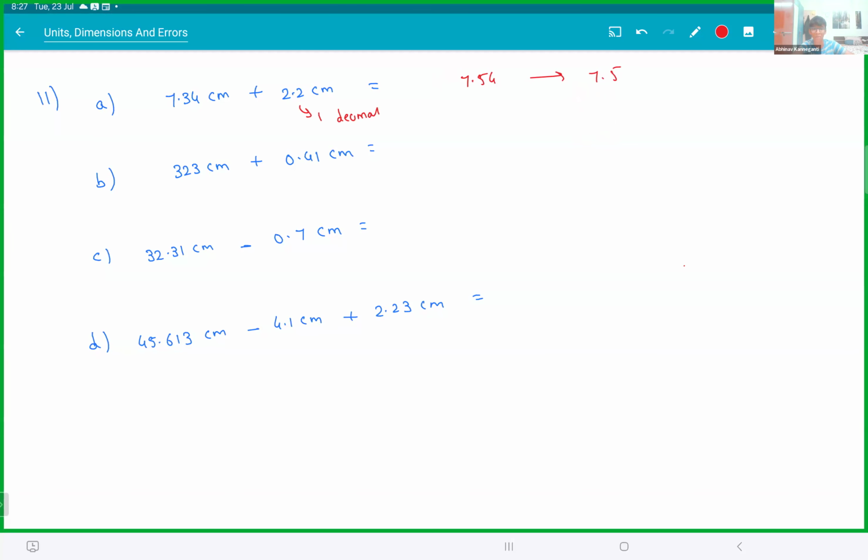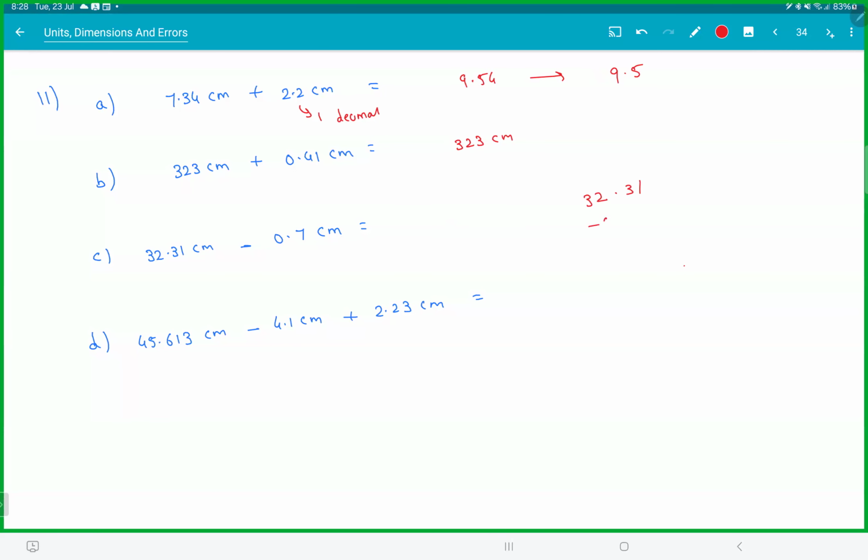Yes, sir. 9.5. Then this thing is what? 323. That 0.41 anyway looks useless. I'm just writing down the answers which you guys wrote and were too lazy to count.